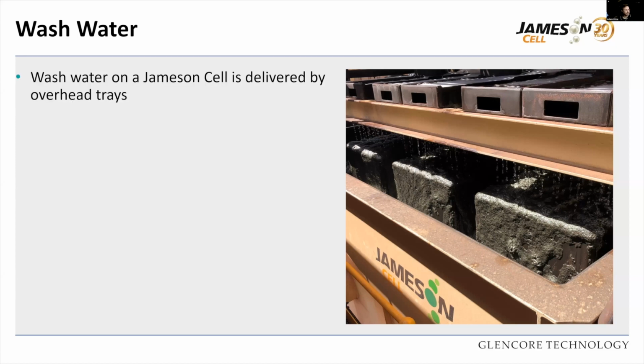But a few other key things on wash water with the Jameson Cell in terms of our particular design. We use tray systems, and we have a couple of different versions of the tray systems now. We have options for removable poly trays that can be taken in and out and cleaned away from the cell.